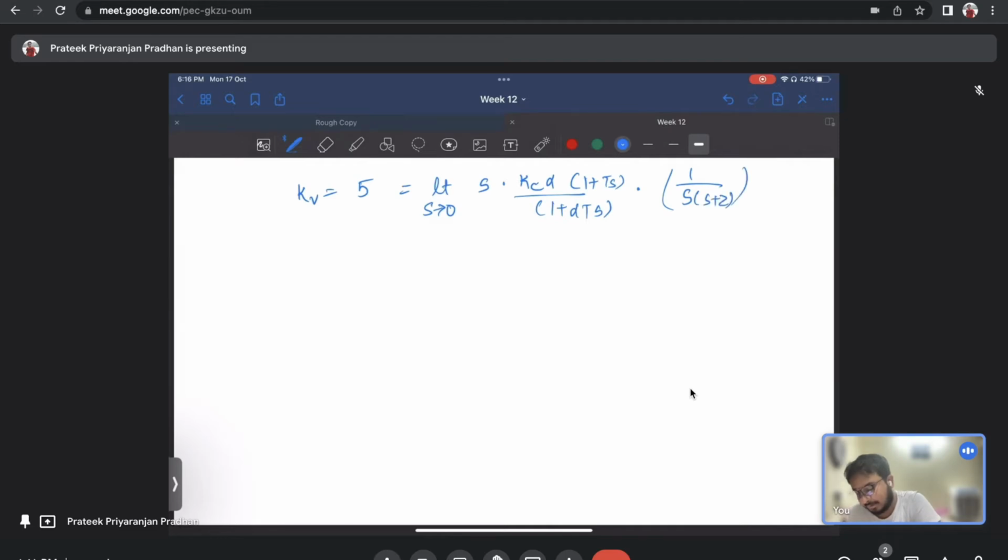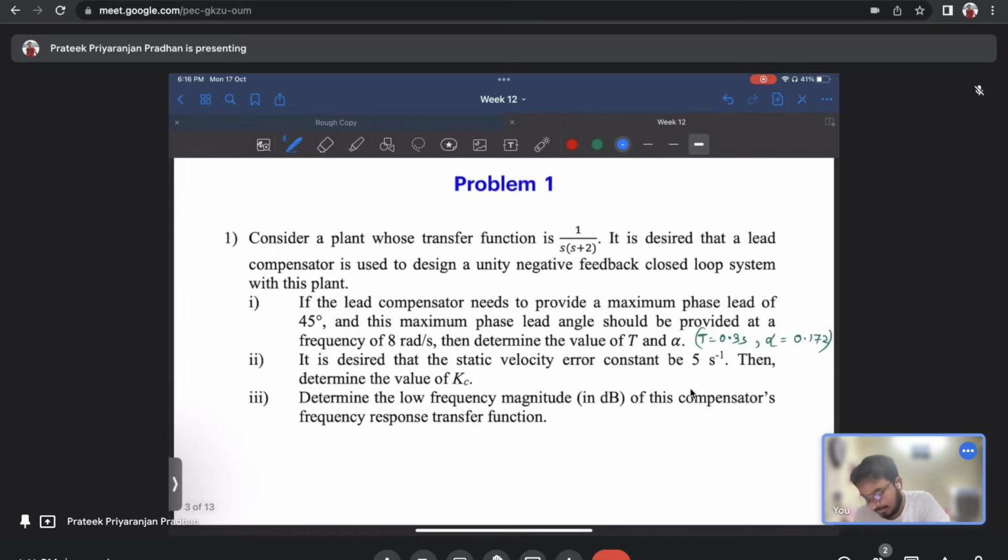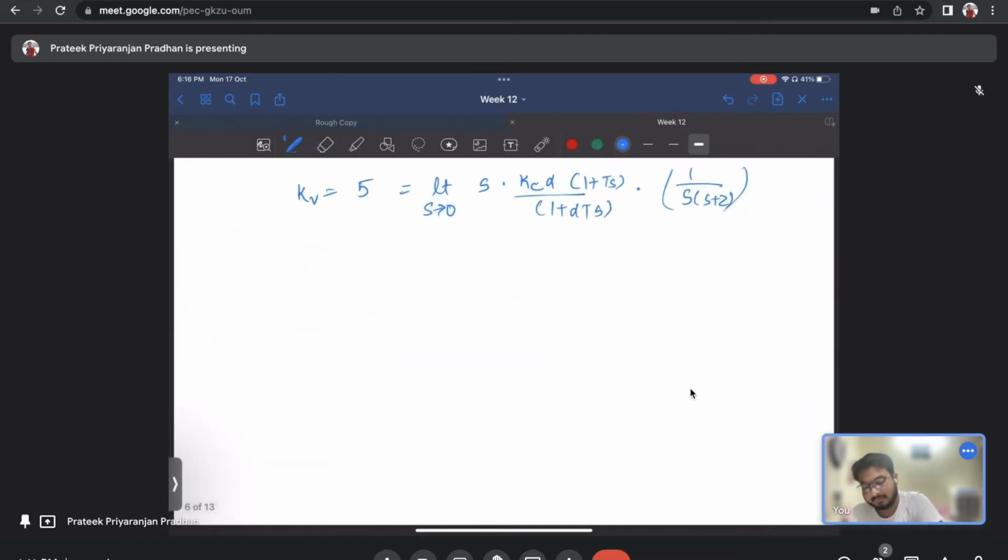Then we put s equal to 0. This s will be cancelled out, so we find Kc into alpha. That implies Kc alpha is equal to 5. That means Kc is equal to 5 divided by alpha.